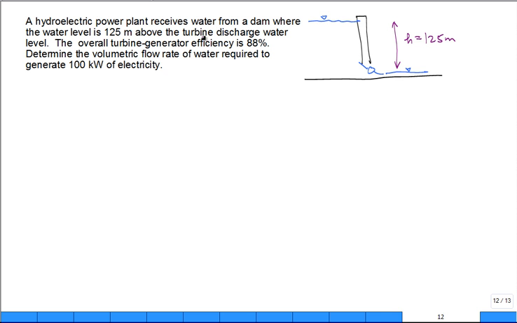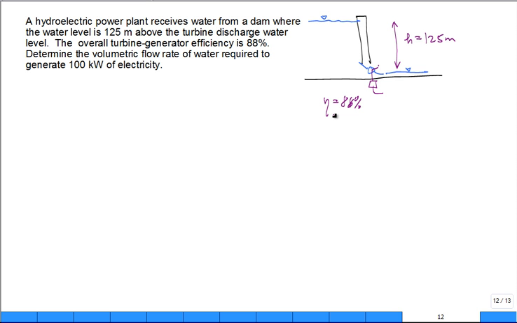This turbine is hooked up to a generator which makes electricity, and the turbine and generator together have an overall efficiency of 88%. You get some energy out of the fluid, put it into a shaft, and from the shaft through the generator into electric power.